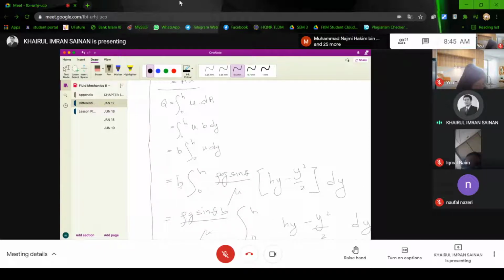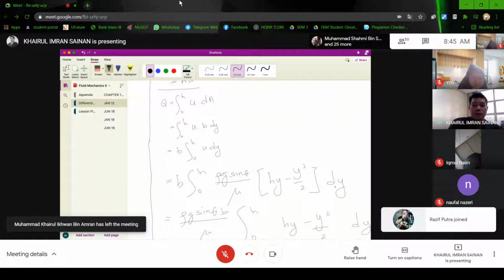So equals to B integral from 0 to H of rho g sine theta divided by mu, times hy minus y squared divided by 2, dy.